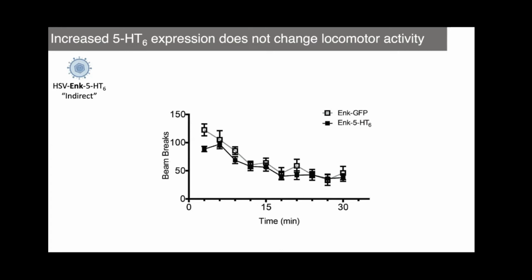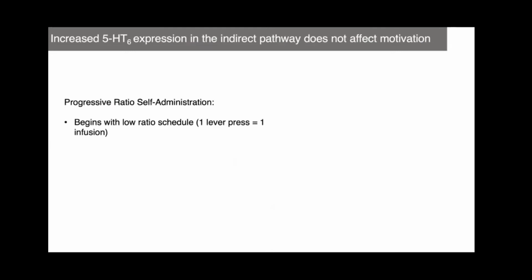One other explanation is that these rats are consuming less cocaine because they're less motivated to take it, and that this manipulation is altering motivational circuitry. And so in order to test this, I used a progressive ratio paradigm. In progressive ratio, rats begin with a low ratio schedule, so one lever press results in a single infusion of cocaine.